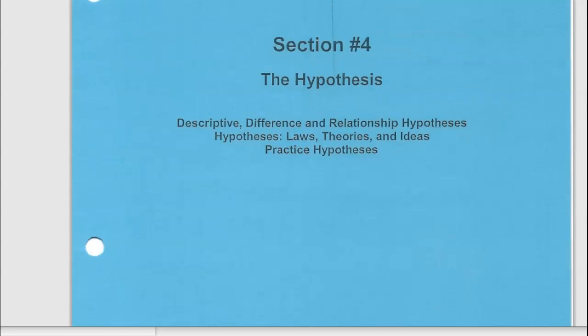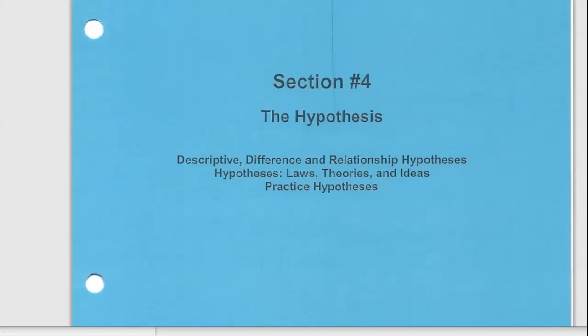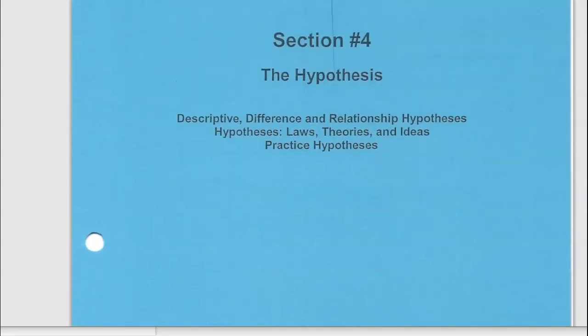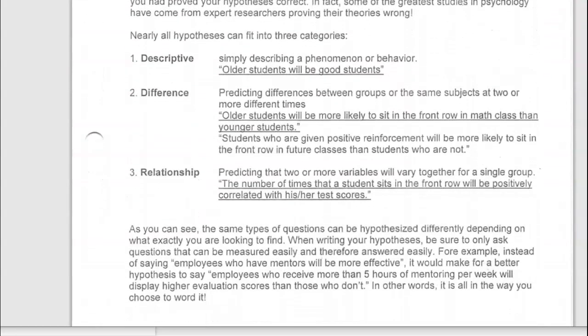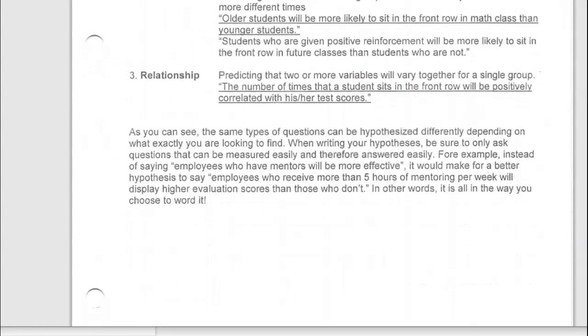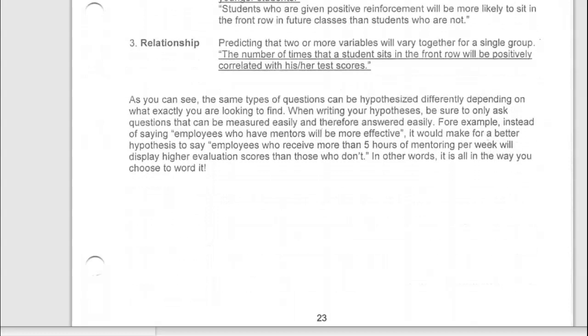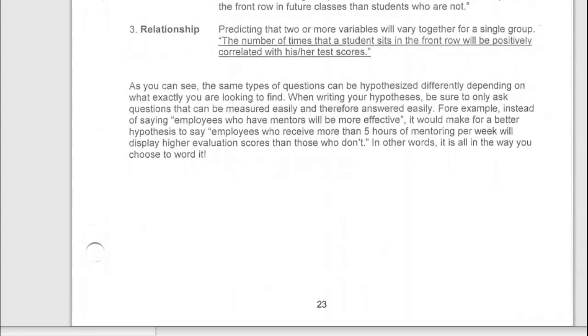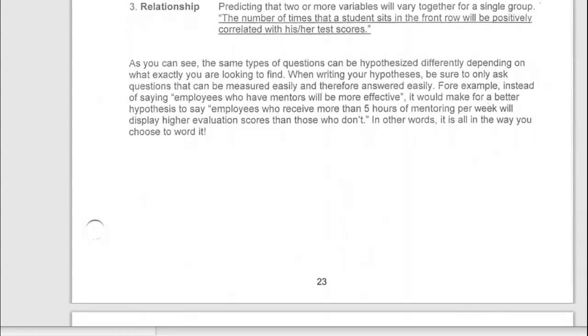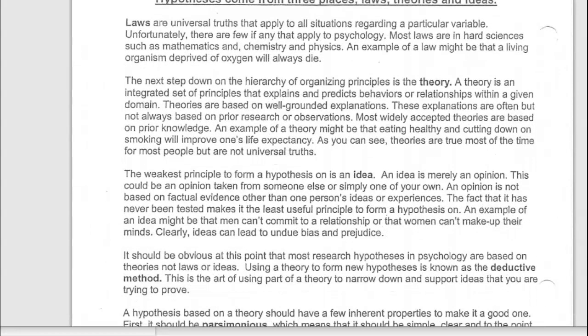So back to the top, this is all about the hypothesis. This is the first thing we cover after the first exam. We talked about descriptive, describing people; difference, one group compared to another; and relationship: as one factor goes up, what happens to the other one? Does it also go up, or does it go down? Well, it's one group of people. We also talked about laws, theories, and ideas.